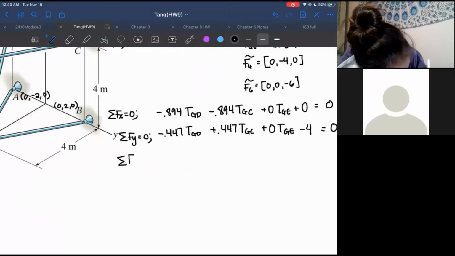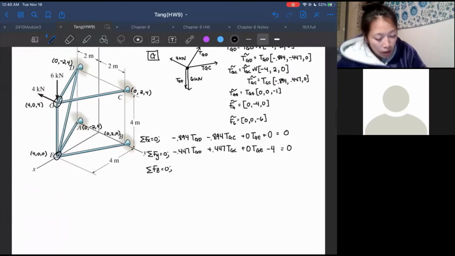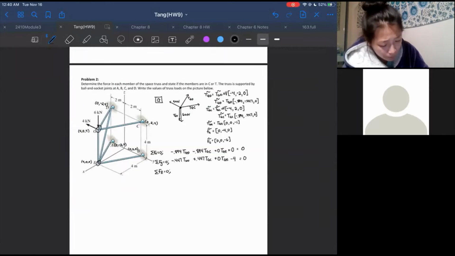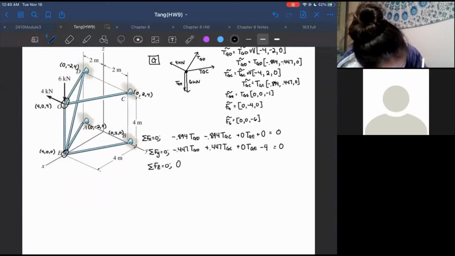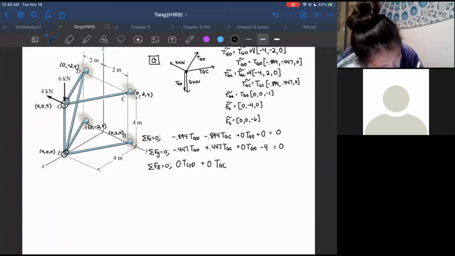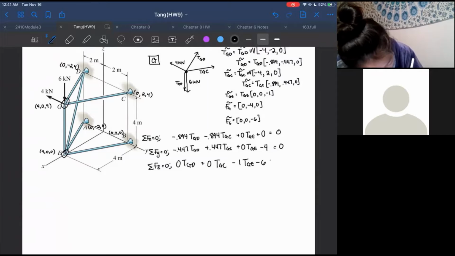Then we'll do F of z equals 0. That'll be 0 TGD plus 0 TGC, and then minus 1 TGE, then minus 6 equals 0.